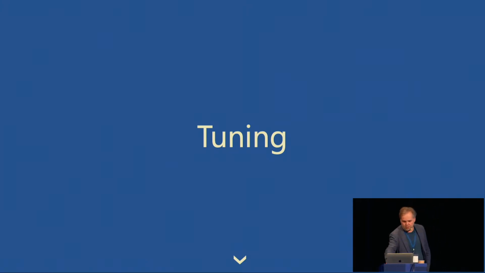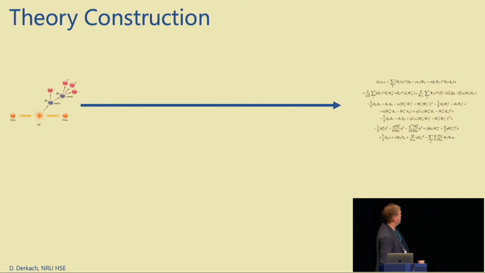First of all, as I told you, we need to construct a theory. On the left-hand side, we have particle collisions, which is what is seen in the collider. On the right-hand side is just one of the equations of the standard model of particle physics. We need to pass from this part to this part.